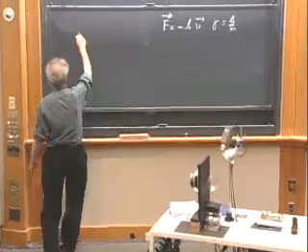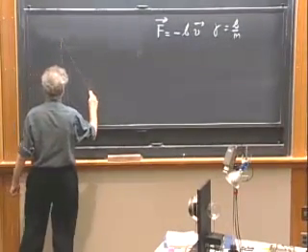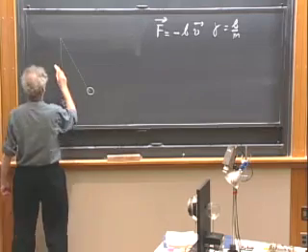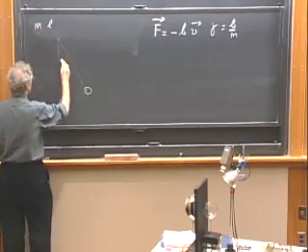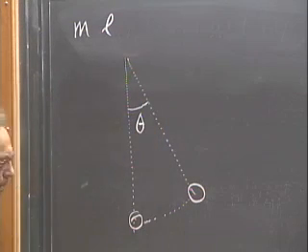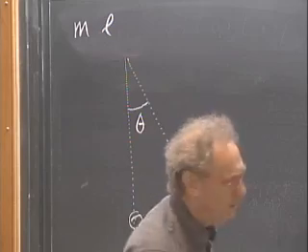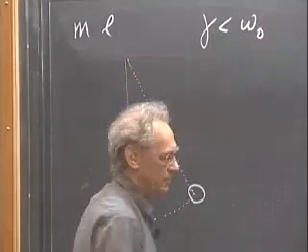So I have a pendulum, and this pendulum has mass m and length L, and I will assume that the mass in the string is negligibly small. I have damping, and this is the case that gamma is smaller than omega 0.